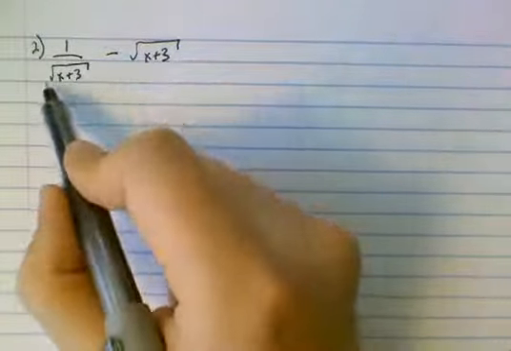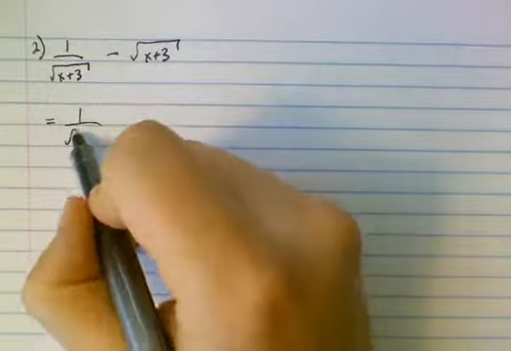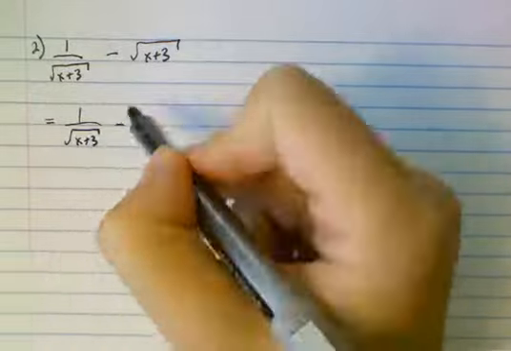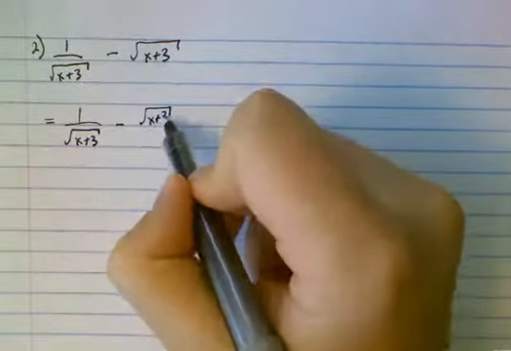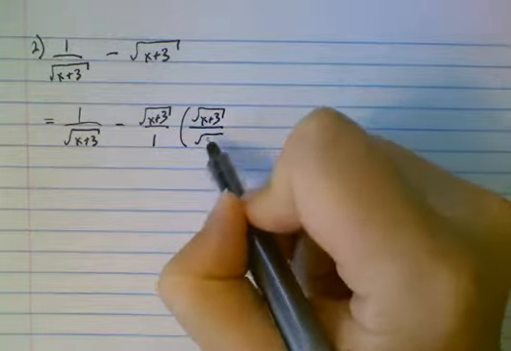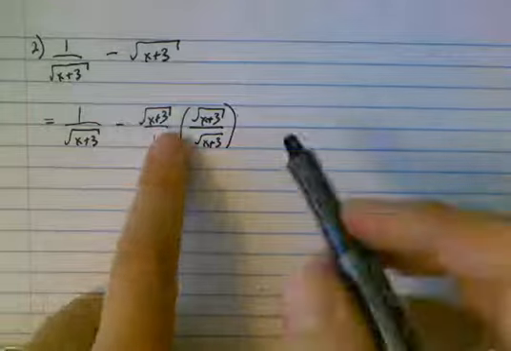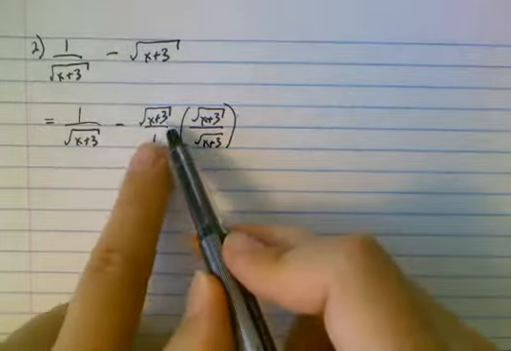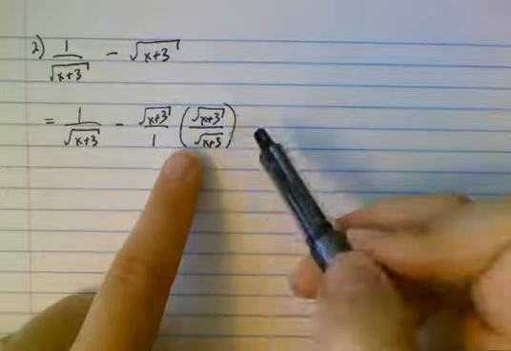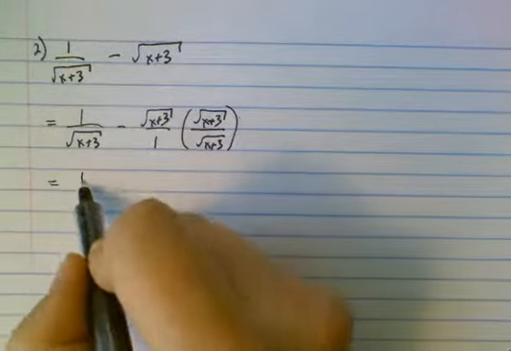So x square root of x plus 3 is our denominator. It's going to be our common denominator. Notice that square root of x plus 3 times square root of x plus 3 is square root of x plus 3 squared, so that square root is going to go away.